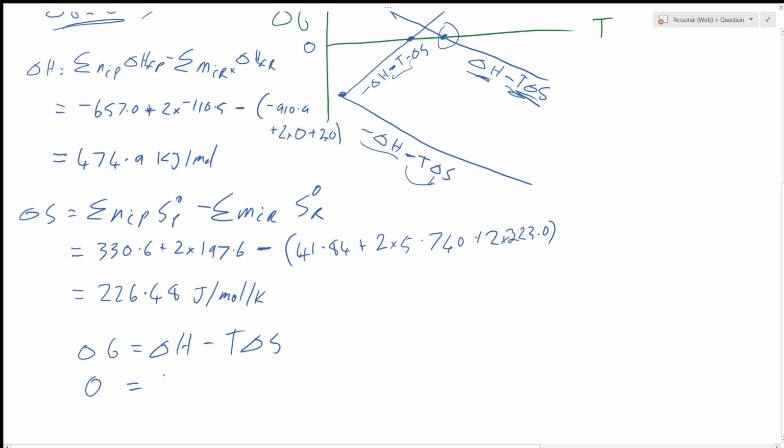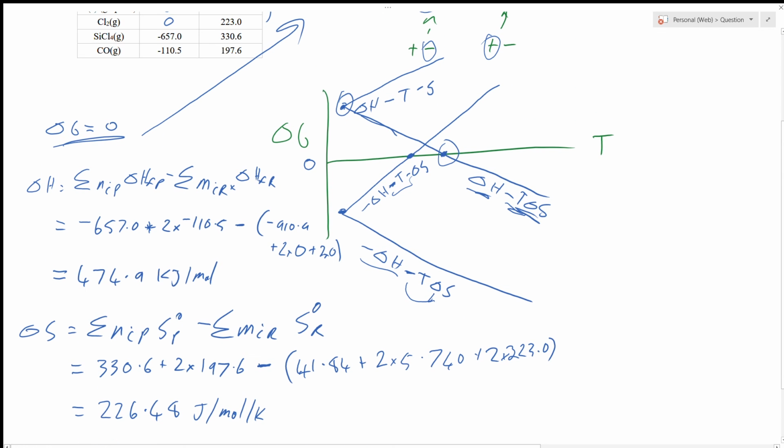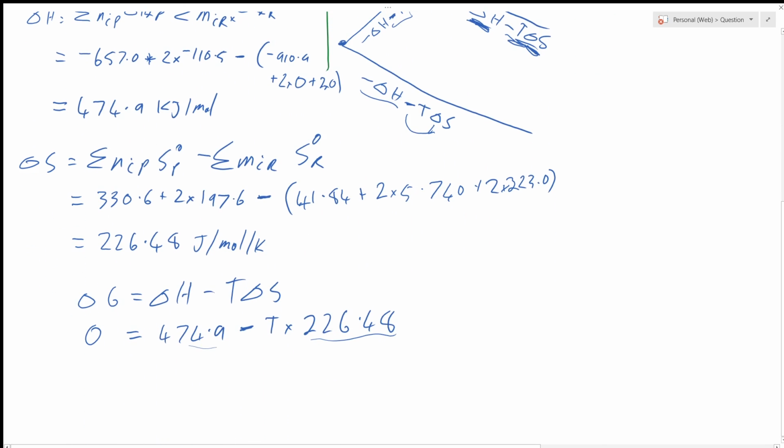Our delta H in this case is 474.9, and we're minusing away what temperature we need times 226.48. So we've got a positive delta S and a positive delta H. So if we look at our graph here, we have this scenario where we have a positive delta H and a positive delta S. So it's non-spontaneous at low temperatures, and then it becomes spontaneous at a certain temperature.